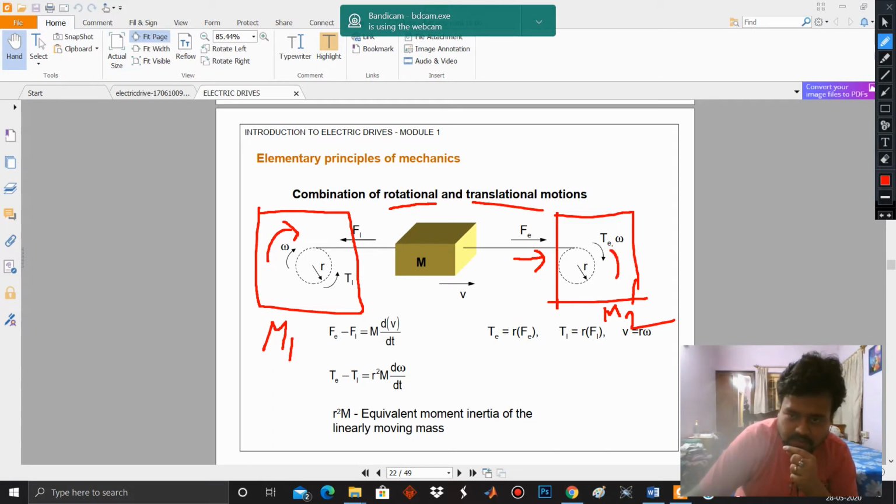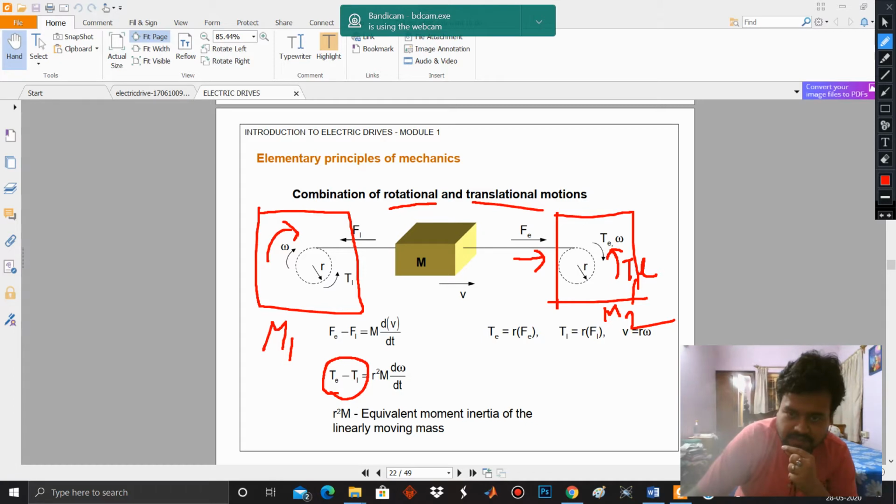The direction of the load torque will be in this direction, TL. Here also the direction of TL is already given. It is in the anti-clockwise or counterclockwise direction, and Te is in the clockwise direction.